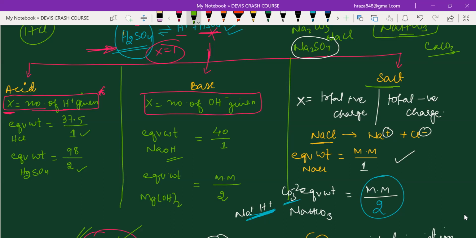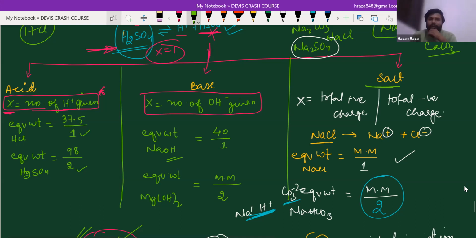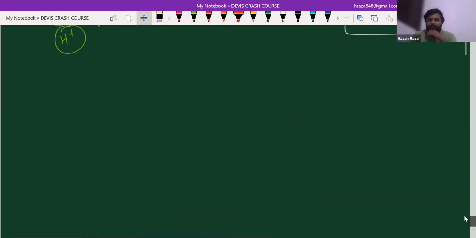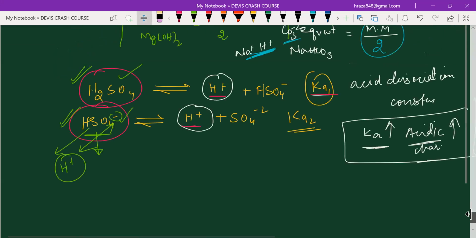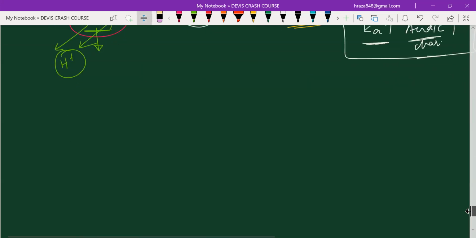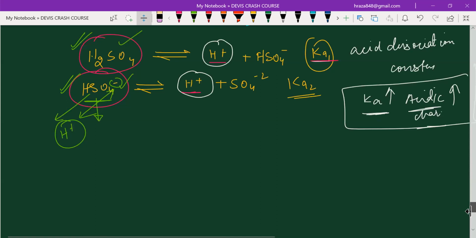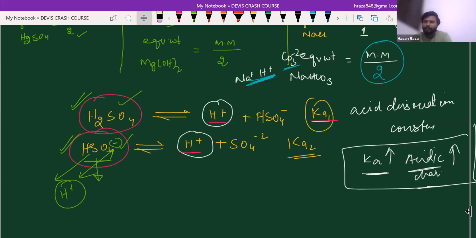Scroll down a little bit. Yes, this one I did. Okay, can we move to the next part? Wait a little bit about that part. This one, yes. This we will study in ionic equilibrium.